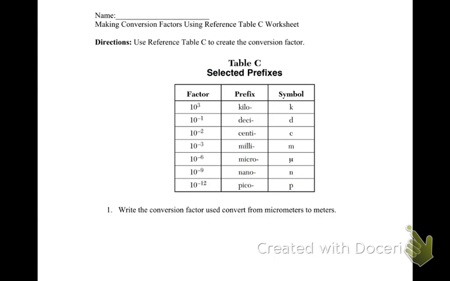So, we have a worksheet on this. We're going to practice making conversion factors using the reference table. Again, here's how you want to do this. You want to put the base unit after the factor. We'll then have an equal sign, place a 1 in front of our symbol, and put our base unit after the symbol.